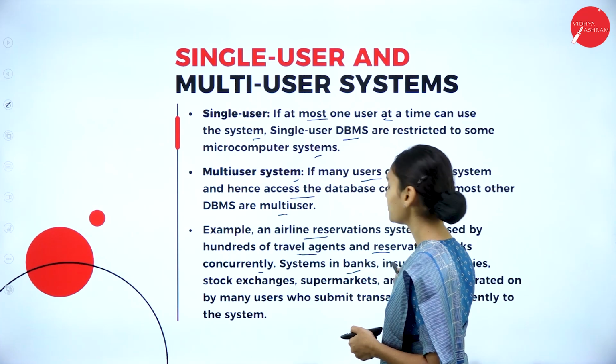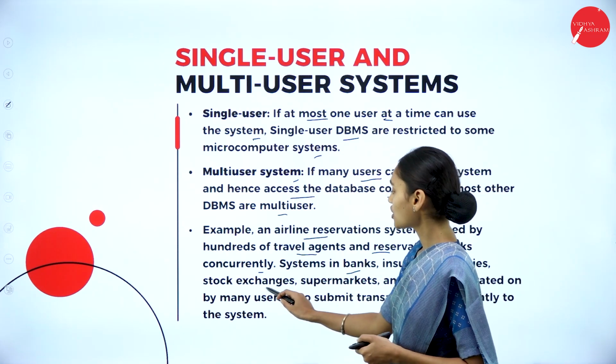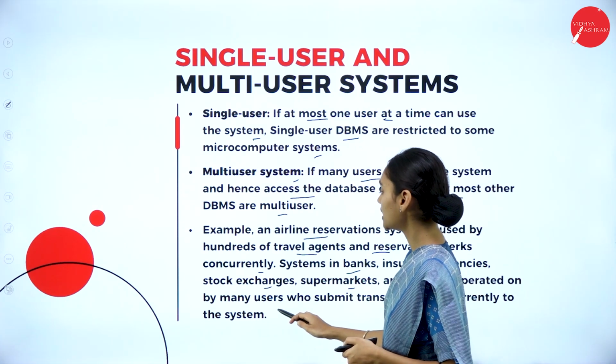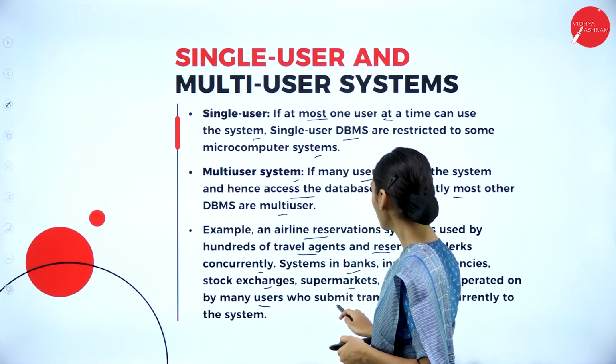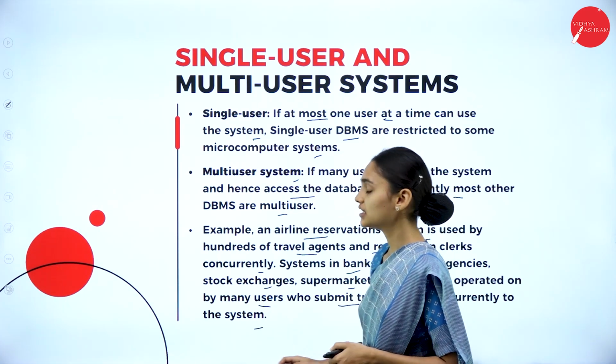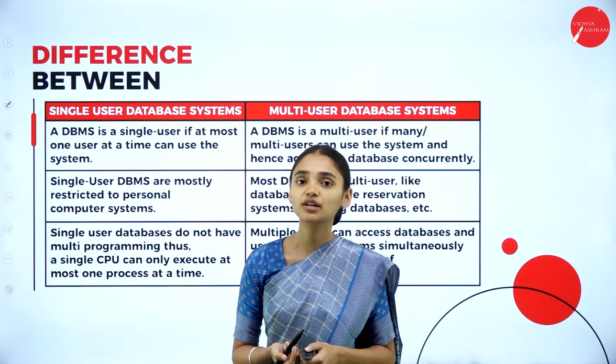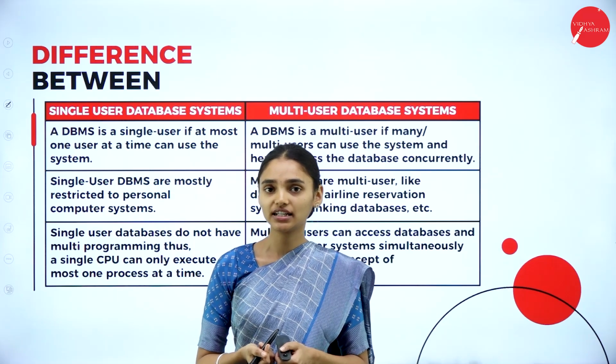Systems in banks, insurance agencies, stock exchanges, and supermarkets are also operated on by many users who submit transactions concurrently to the system. Now, the difference between a single user database system and a multi-user database system.